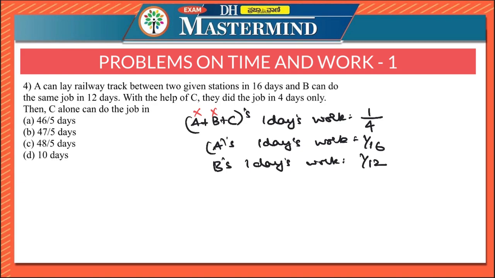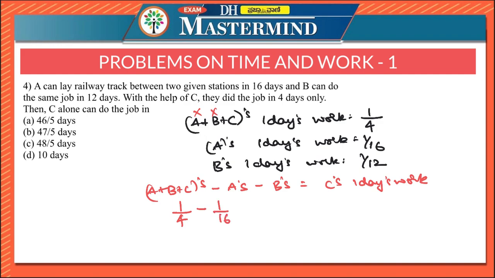So what we do is, now A plus B plus C's 1 day's work minus A's 1 day's work minus B's 1 day's work will give us C's 1 day's work. So what is A plus B plus C's 1 day's work? 1 by 4 minus A's 1 day's work, 1 by 16, minus B's 1 day's work, 1 by 12.